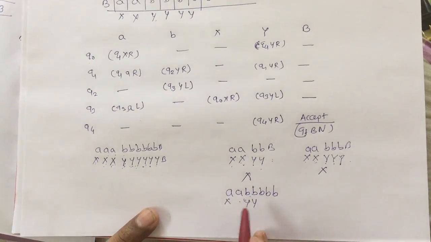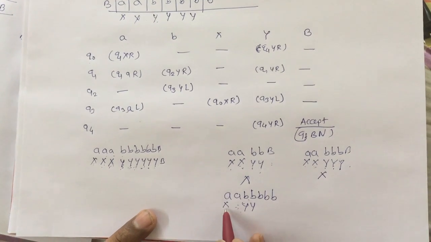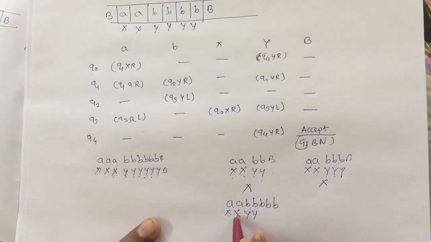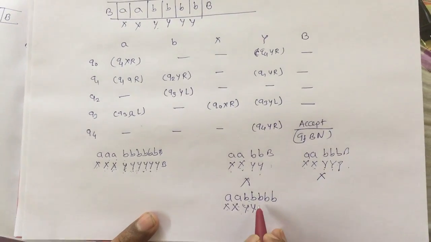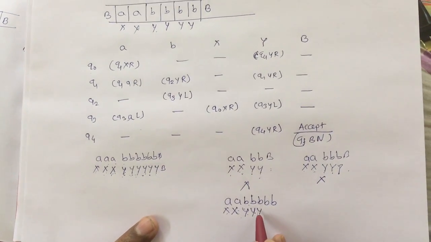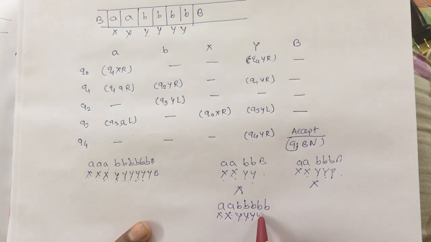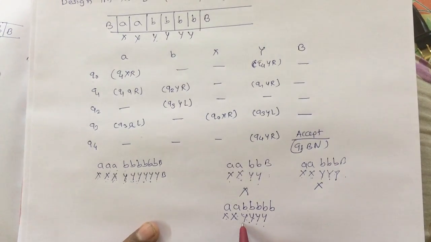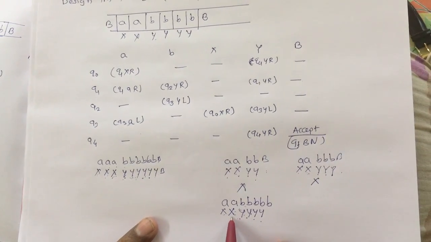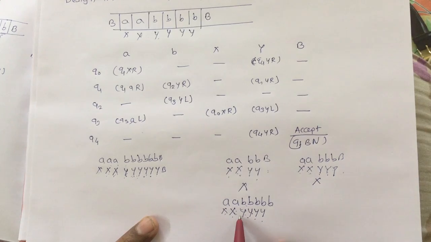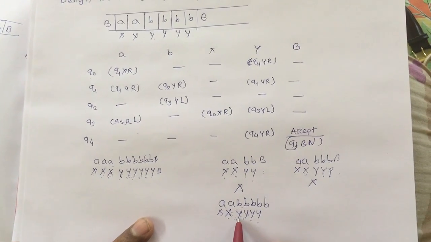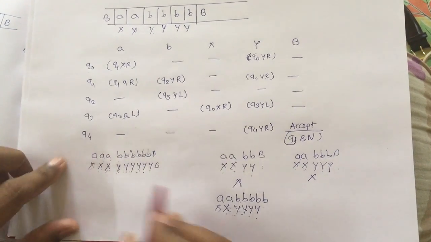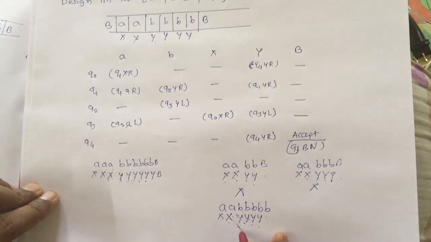Then Q3 Y L, Q3 A, Q3 A L, Q3 X, Q0 X R, Q0 A, Q1 X R, Q1 Y R, Q1 Y R, Q1 B, Q2 Y R, Q2 B, Q3 Y L four times, Q3 X. That means all A's are over. So Q0 X R, Q0 Y, Q4 Y R repeated, Q4 blank. We don't have anything defined for Q4 blank, so that's how it is not accepted.